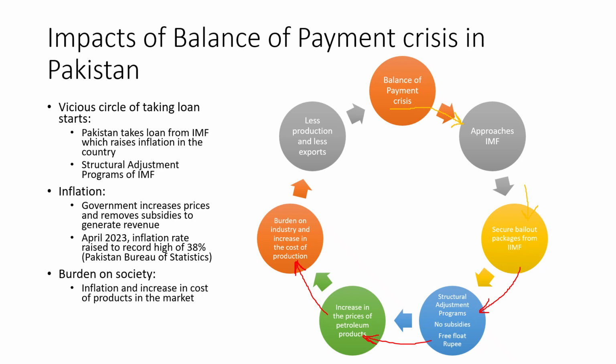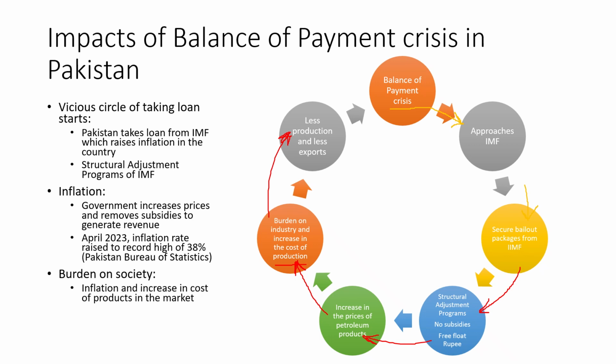All this leads to less production and less exports. The cost of production is increased. It leads to less production, and less production leads to less exports. And what does less exports mean? Less exports mean, once again, current account deficit. Less exports, more imports, current account deficit, and once again, balance of payment crisis.